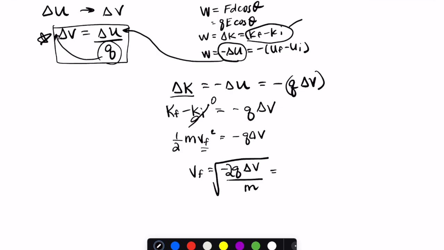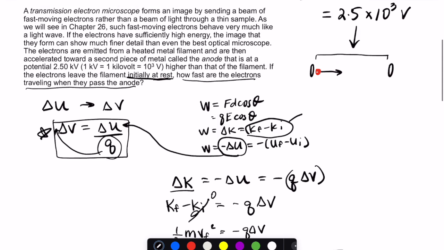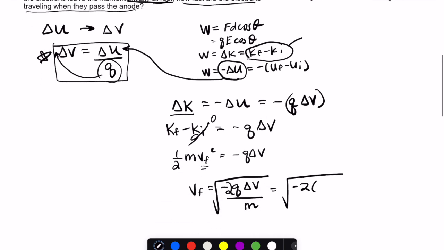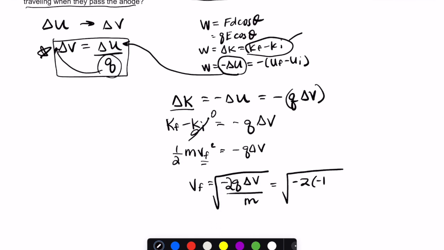So let's plug in all of our values now. Negative 2 Q. What are we going to use for Q? Well, that's the charge of an electron, because we are accelerating electrons through the microscope because it's an electron microscope. So that's going to be the charge of an electron, which is 1.602 times 10 to the minus 19 coulombs.